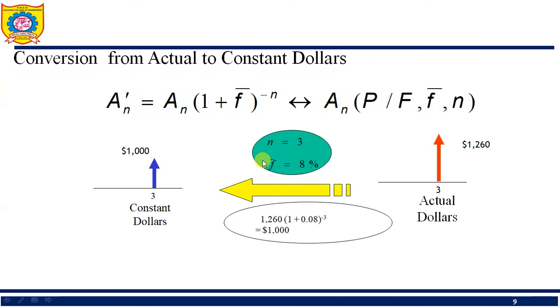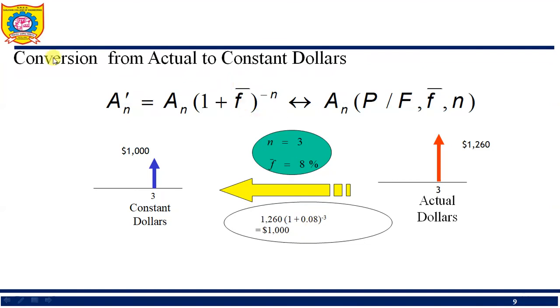Then after that, we have to calculate the conversion from actual to constant dollar. When the actual dollar is given, by considering the inflation or deflation of the product, we can calculate the constant dollar by using the formula A'_n = A_n (1 + f)^(-n).